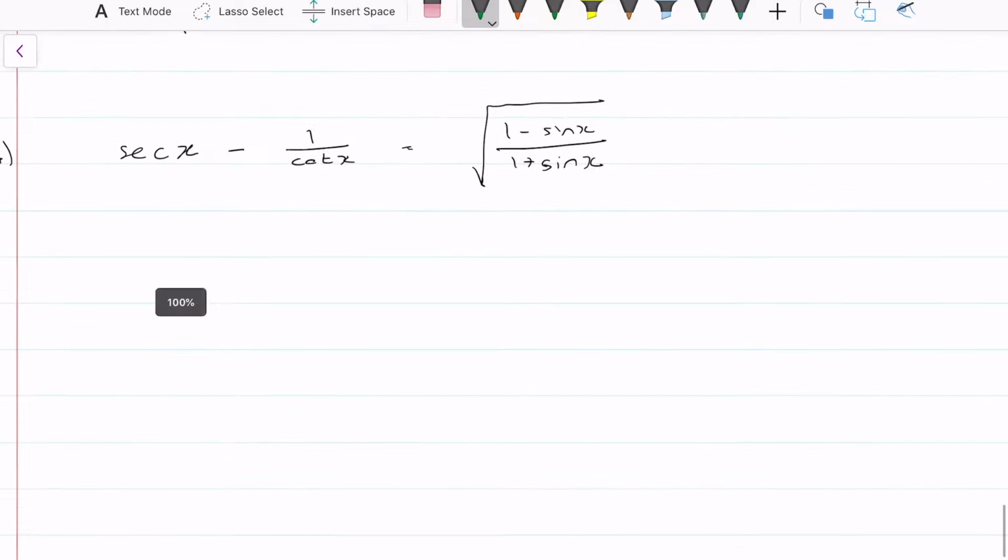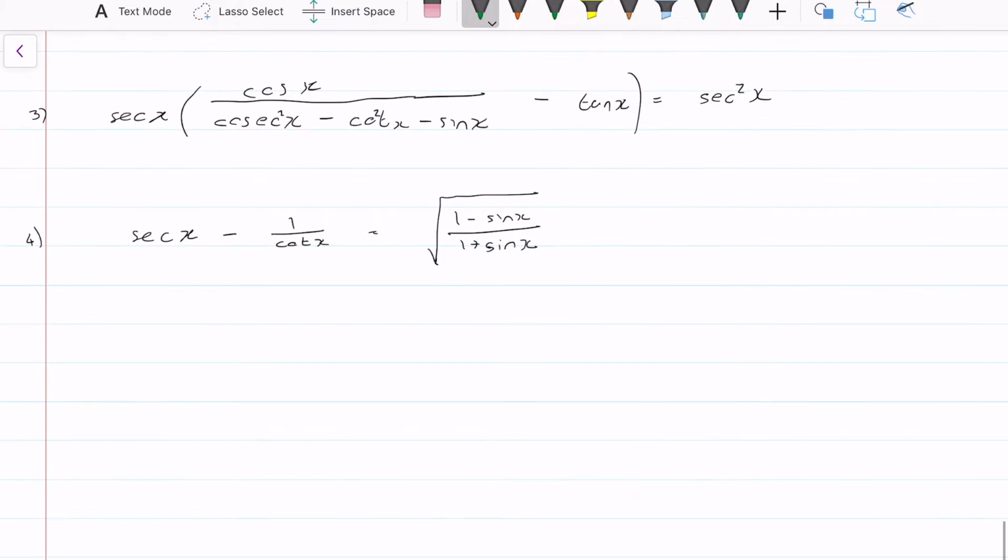before I do the next question, let me do the last question, because it's a bit trickier, or it's something where you need to see something very specific. Okay, so in this question, let's work with the left hand side. Left hand side is equal to sec x minus cot x.